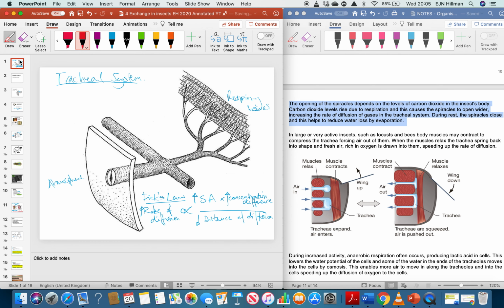So if you go back to our original Fick's law, large surface area we've mentioned, short distance of diffusion we've mentioned, now we've just mentioned the concentration difference or concentration gradient via ventilation.